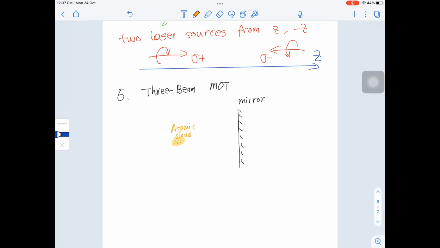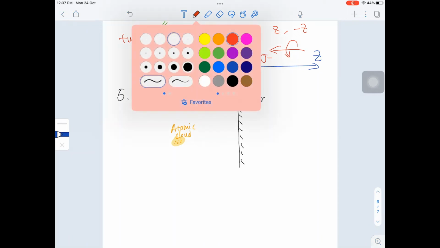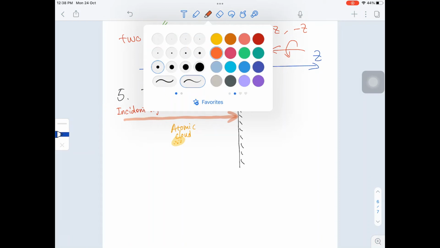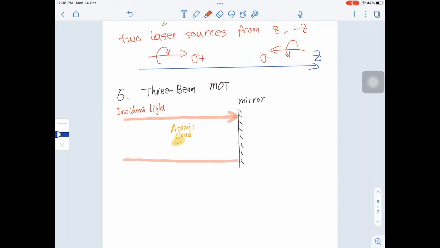Let's say I shine the light. This is the incident light, and this is reflected.